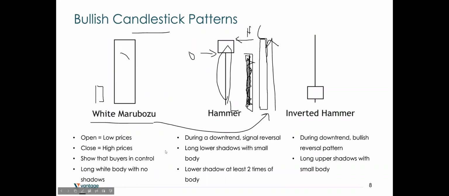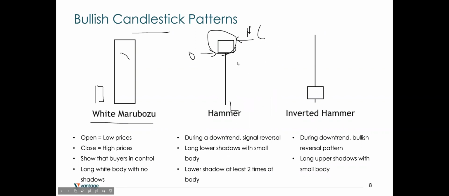Okay, this is usually seen during a downtrend, and it gives us a signal reversal. Okay, there is a long lower shadow with a smaller body, and usually as a general rule of thumb, the lower shadow is at least 2 times that of the body.